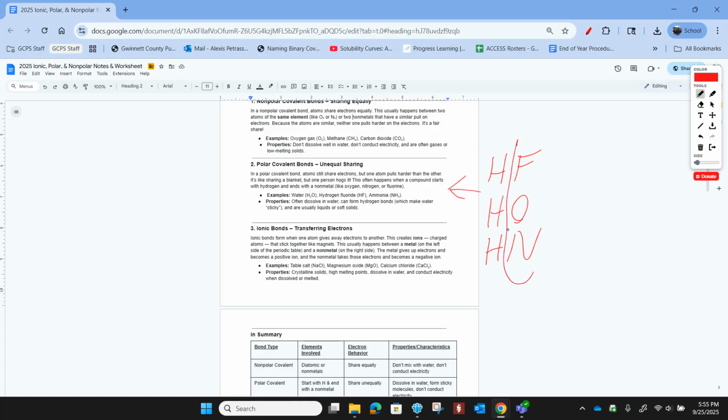And you can think FON. When you look on the periodic table, on the top right where fluorine is, it's basically those elements near fluorine. If they're ever bonded with hydrogen, then that is going to be a polar bond.